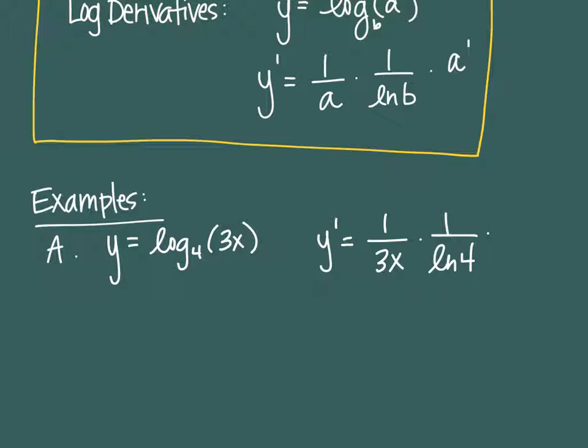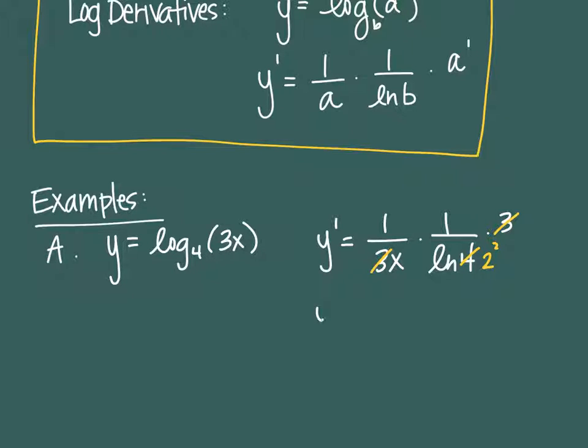Times the chain rule on what was in the parentheses, which is what? 3. So now we need to simplify and clean this up. So my chain rule of 3 is going to reduce my original 3. My natural log of 4 is a composite number, and 4 is the number 2 squared. And so I need to remember that my rules are I need to deal with pulling that 2 out to the front.